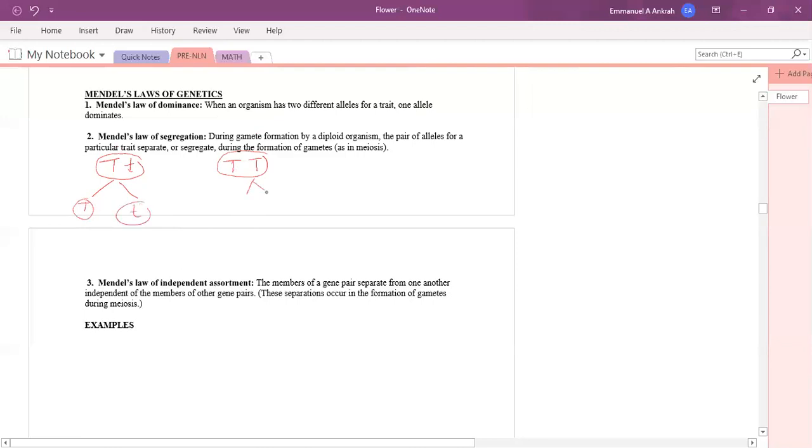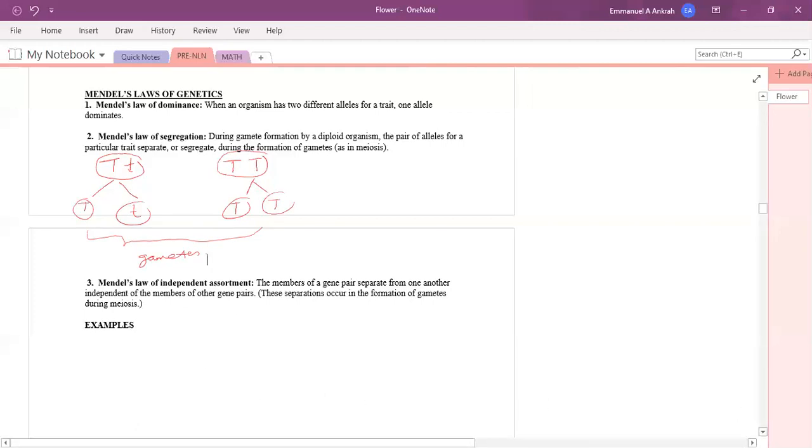Then with the eggs, one egg can have this uppercase, and another will have uppercase. They separate like this. That's the law of segregation. They separate, or segregate, during gamete formation. So these will be the gametes.